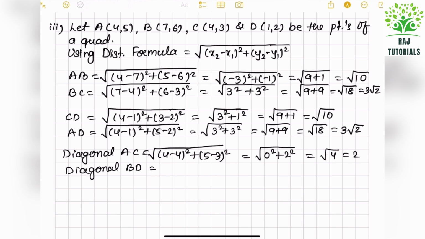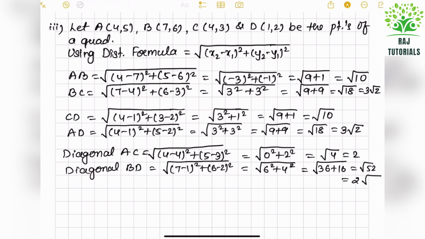And diagonal BD equal to (7 minus 1) whole square plus (6 minus 2) whole square. So that is 6 square plus 4 square. So that is root 36 plus 16. So root 52. So that is 2 root 13.